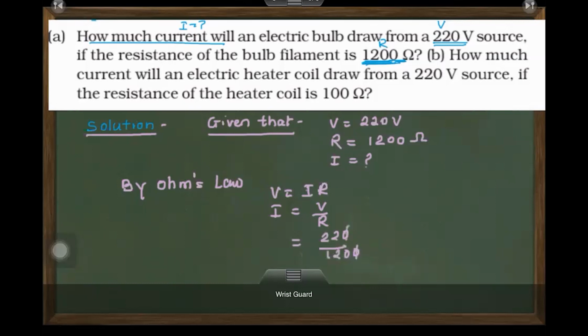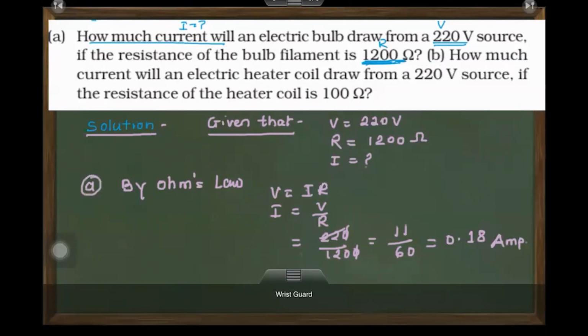One zero will be cancelled, cut with 2, 11 and 60. So it will be 0.18 ampere. You can write it as ampere. So this is the first part of the question.